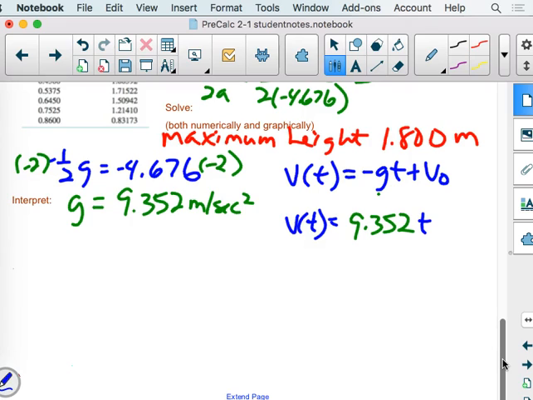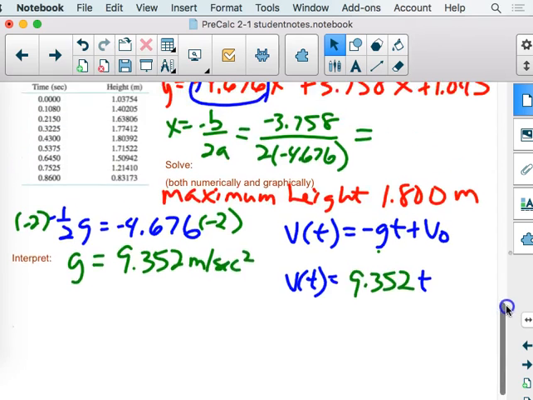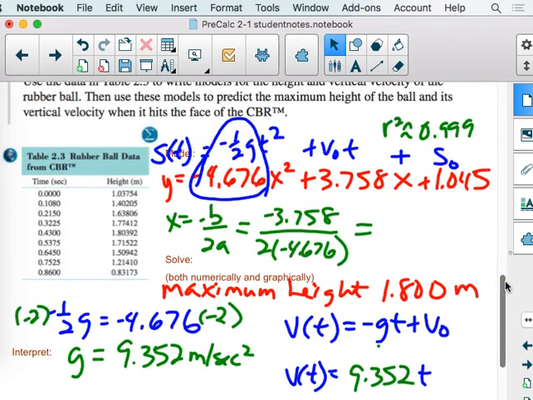So now the next thing I'm looking for is, how about v sub naught? That was the other piece I needed for this formula, was this little v sub naught. What's that? 3.758 right here. That's v sub naught.